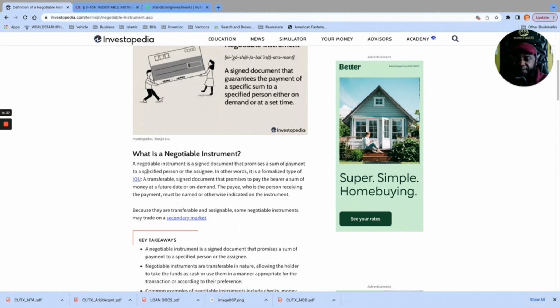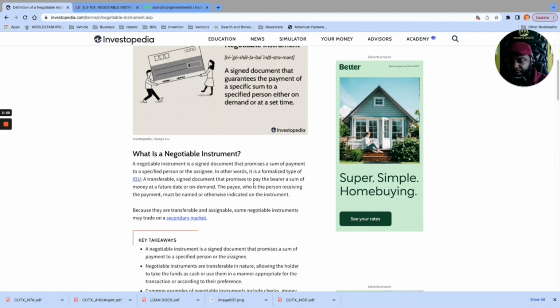So, what are we talking about? Negotiable instruments. What were we talking about before that? Promissory notes. These promissory notes are a form of a negotiable instrument, which is also formalized in the type of an IOU. Okay? A transferable signed document that promises to pay the bearer a sum of money at a future date or on demand.